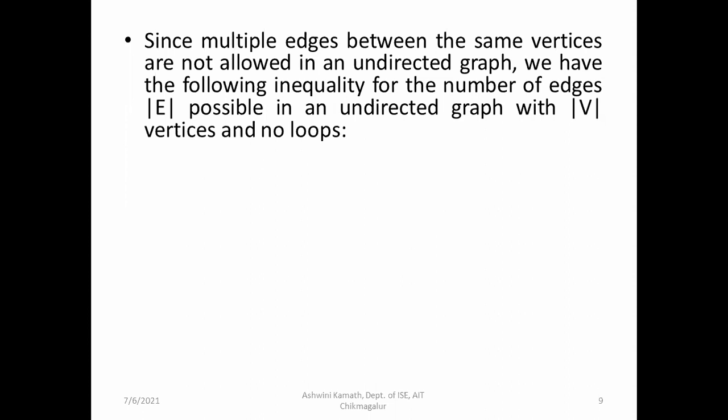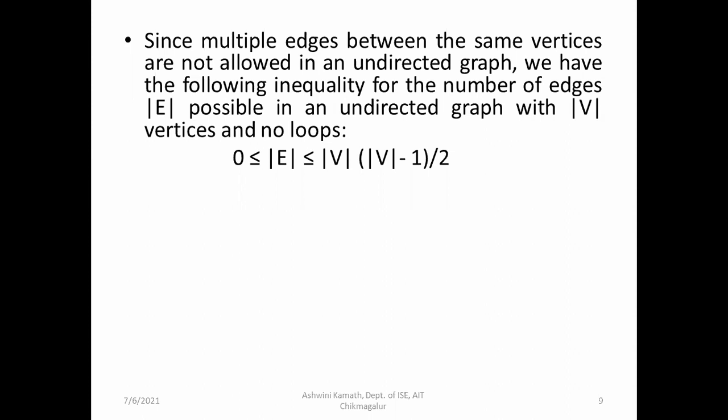We are considering no loops and no multiple edges between the same vertices. So the number of edges |E| is greater than or equal to 0, and less than or equal to |V|(|V| - 1)/2.